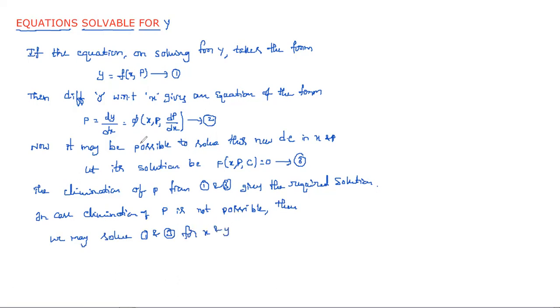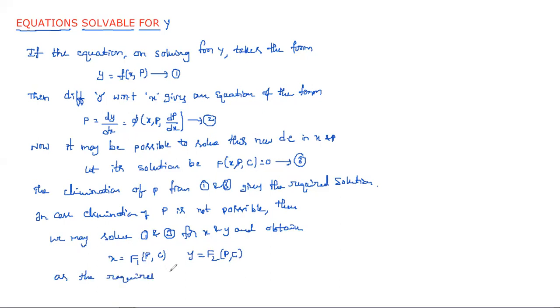It means we need to solve the first equation and the third equation for getting x as well as y. Suppose after simplifying we obtain x is equal to f1 of p comma c and y is equal to f2 of p comma c as the required solution.